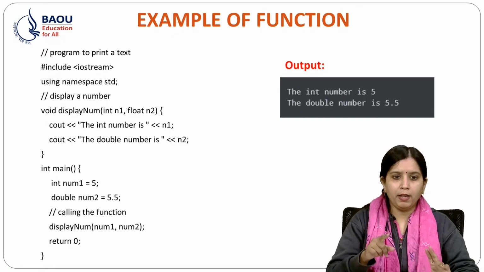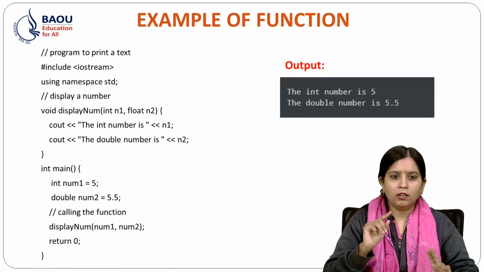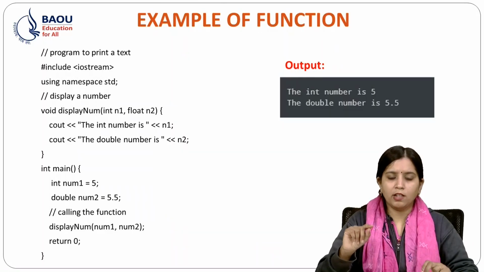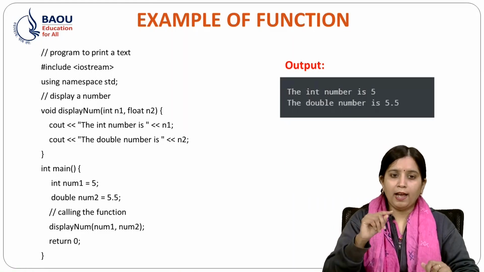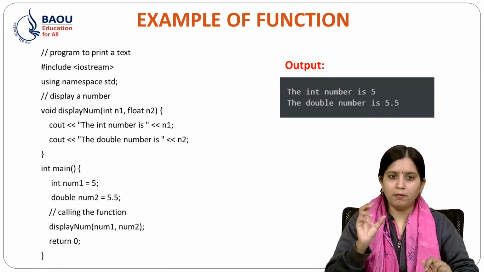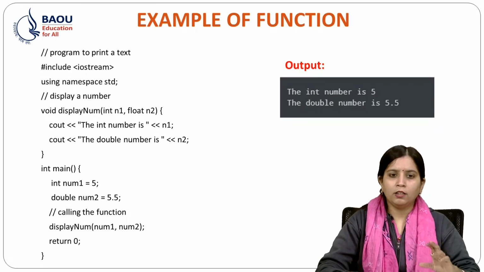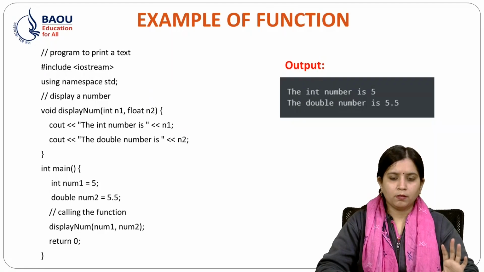So in int main, I have first called the function, that is display with num1 and num2 with a semicolon. I have defined display in void display, so that the compiler might not give an error, because definition is a must.